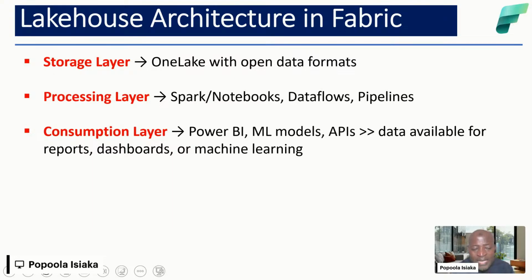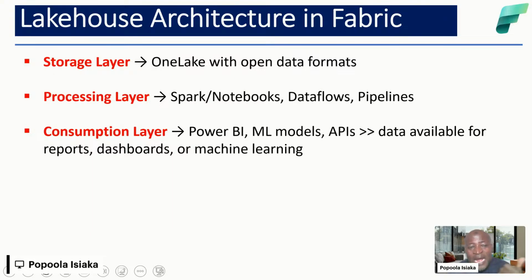Another level that Lakehouse has in terms of architecture is what we call the consumption layer, because the idea is that you have ingested the data into the storage, and you have done fantastic processing, maybe data transformation or data cleaning. Then the last thing is that nobody will appreciate the work you have done until it is for human consumption.